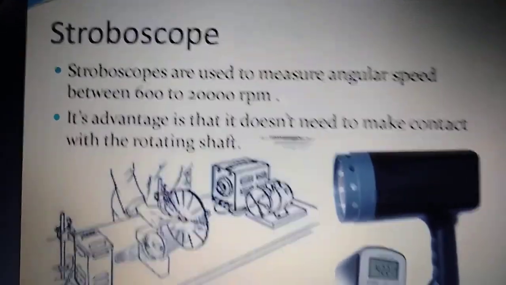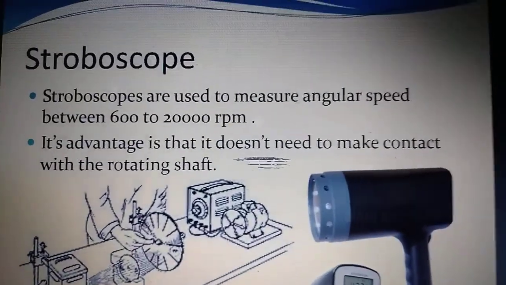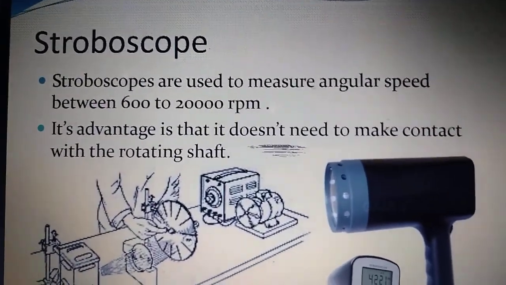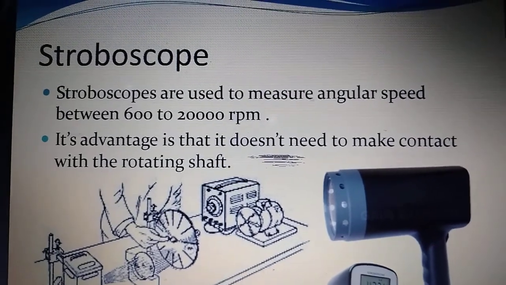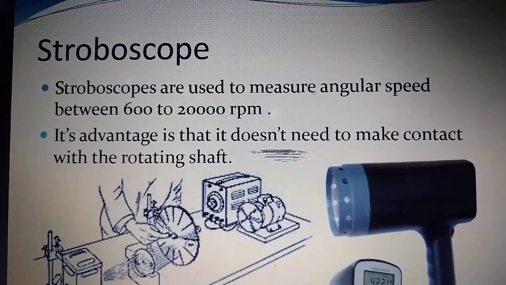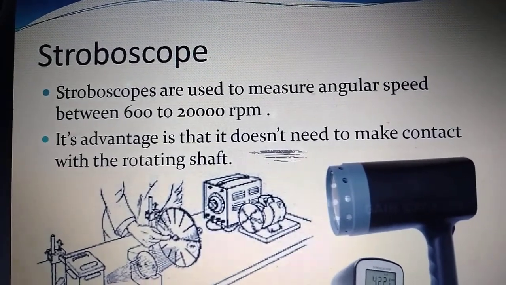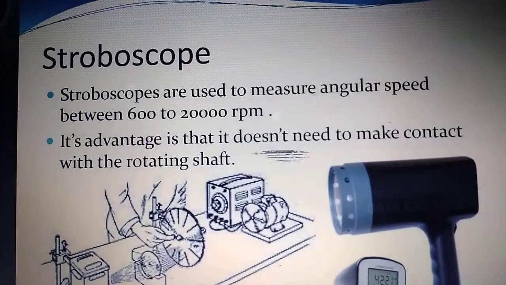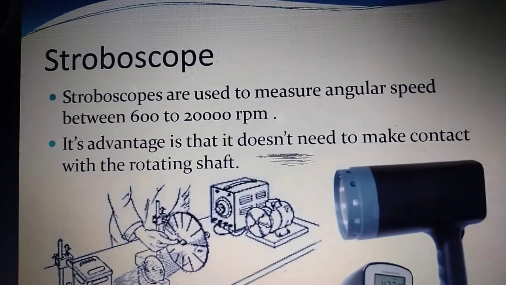Now see the working operation. The input shaft is attached to the disc shaft and rotates in the anti-clockwise direction, and the disc shaft also rotates. The flashing light from the stroboscope is directed at the rotating shaft.